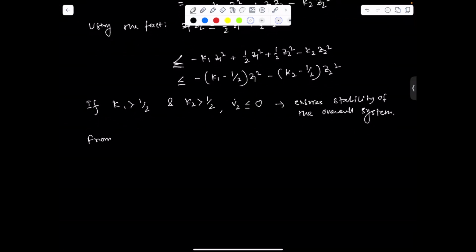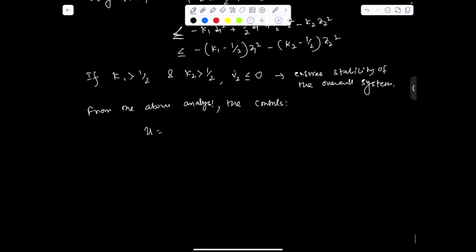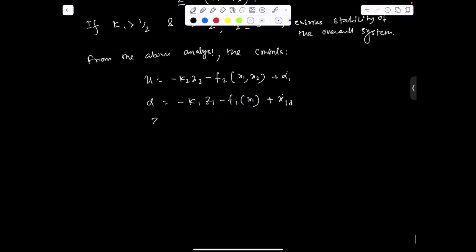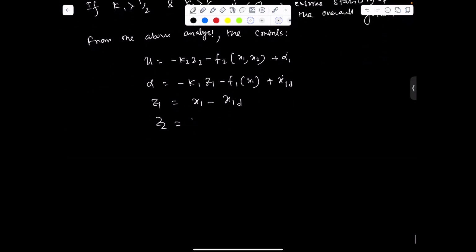From the above analysis, the controls are U equal to minus K2 Z2 minus F2 X1 X2 plus alpha 1 dot, and alpha 1 equal to minus K1 Z1 minus F1 X1 plus X1d dot, and Z1 equal to X1 minus X1d, and Z2 equal to X2 minus alpha 1.